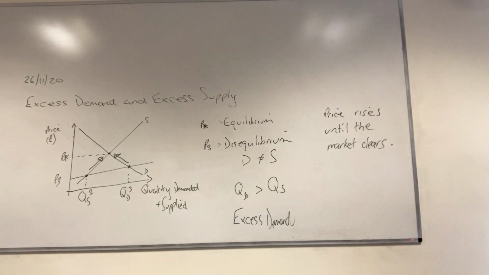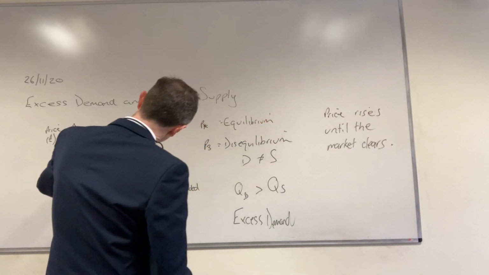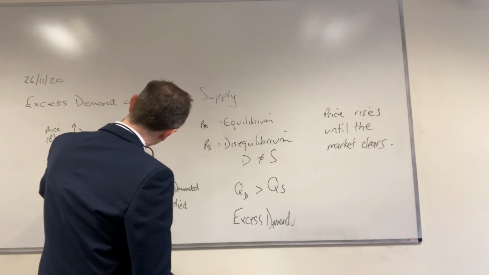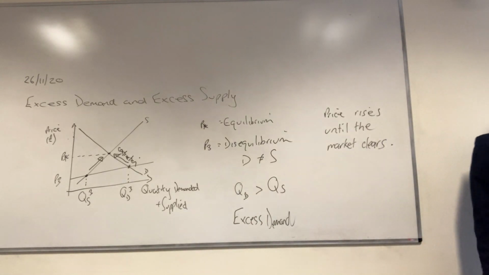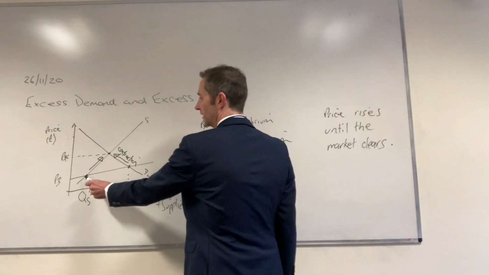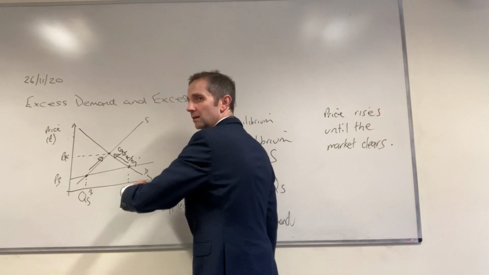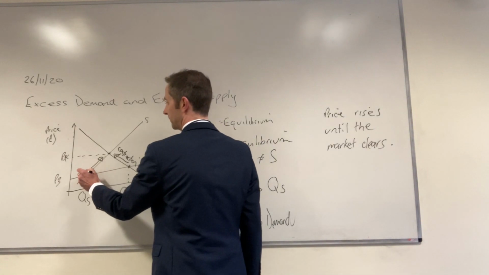Now, Ruby, just to make sure that we're okay on this, what's happened to demand this time? Very good. So demand this time, we've got a contraction of demand. And supply, Ali? Well, supply, Ali, we're moving this way, away from. We've got an expansion of supply.